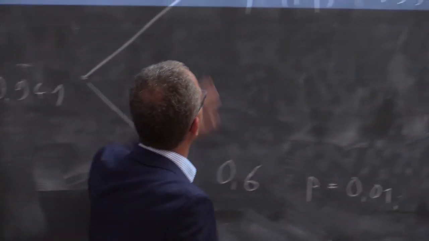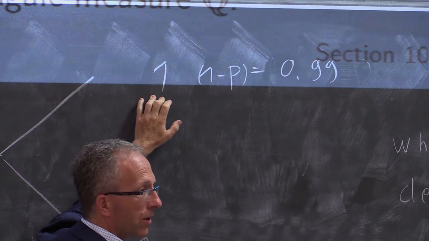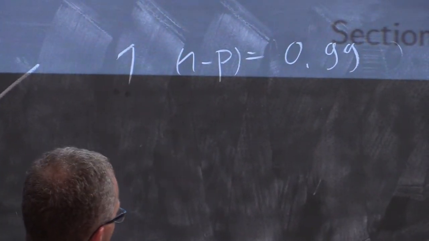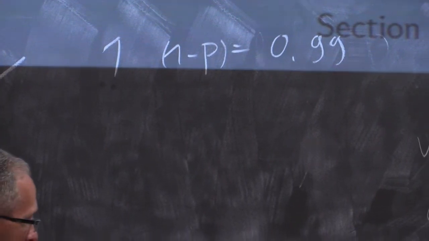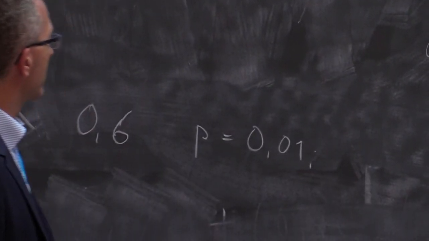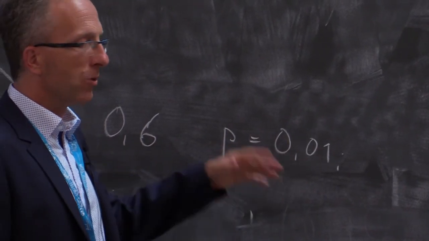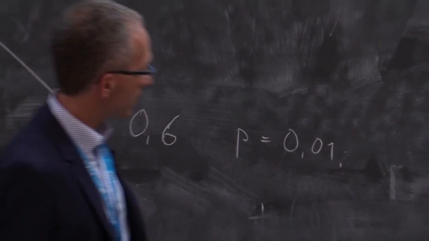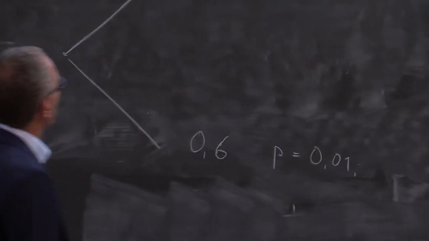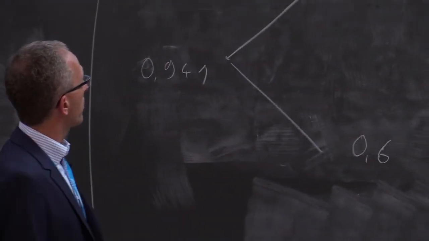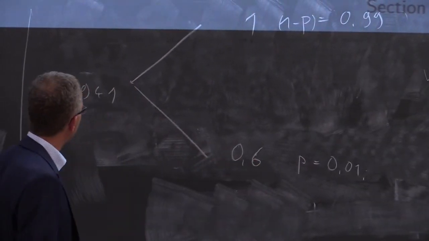Say in 1 year, either the underlying firm is not defaulting, then we get 1 in return, or the firm is defaulting, and then we assume in this case there is a recovery payment of 0.6, so a recovery rate of 60%. The historical default probability, we assume we know, is 1%. And the interest rate is 5%. So the payoff would be 1 with a probability of 99% and 0.6 with a probability of 1%.